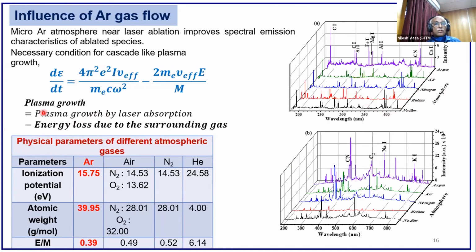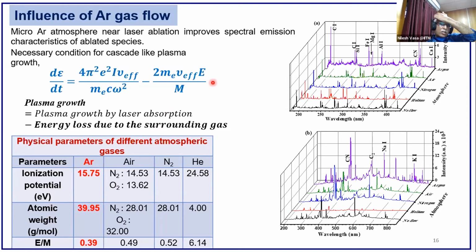We also found that in the case of argon, the plasma growth is substantial, because of the effect of the E by M ratio, which is nothing but the electron energy versus atomic weight ratio.